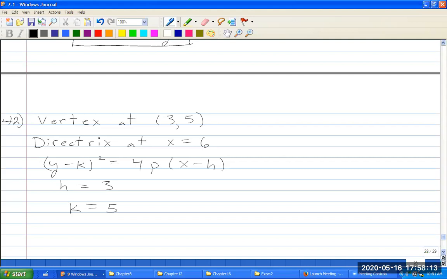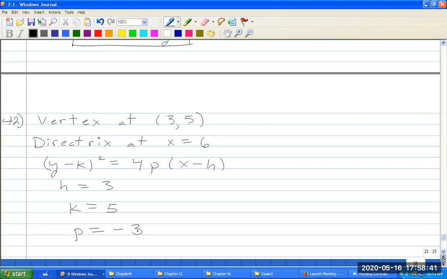And the directrix, oh, I'm sorry. I said that completely wrong. The directrix is here, 3 from x. And so 3 minus 6 is negative 3.